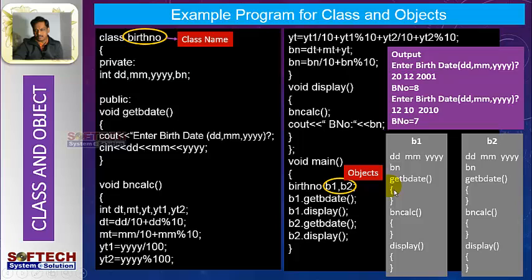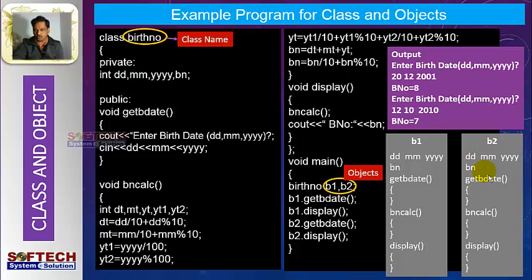Here we put only the opening brace and closing brace, but it includes the definition also. These statements are available within this function. B1 is a Xerox copy of birth number. B2 is another Xerox copy of birth number.